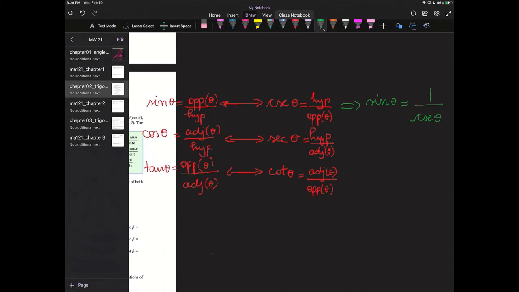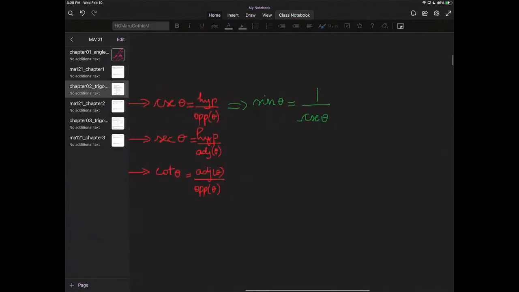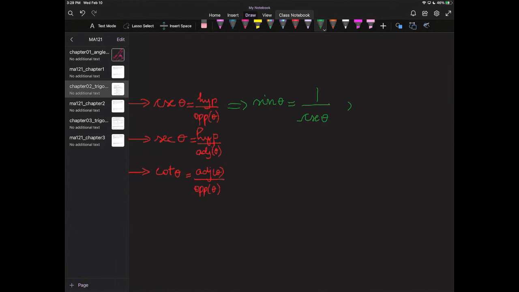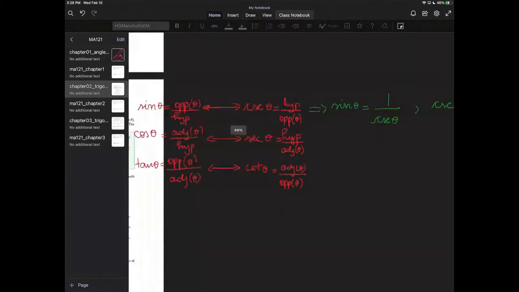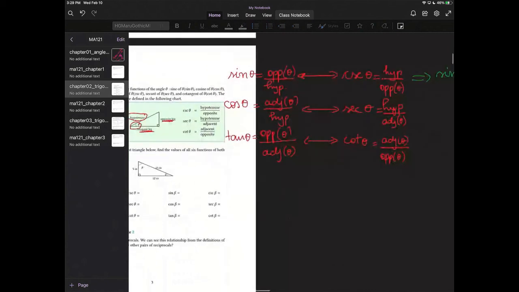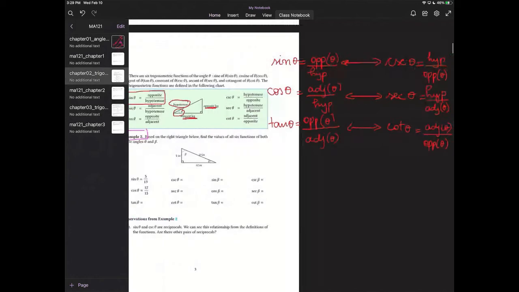Remember, 1 over means you're flipping, right? And vice versa. So you can also write that cosecant is the reciprocal of the sine function. Because again, you flip sine and you get the cosecant of the angle. Okay? And you can do that for all other pairs. Okay, so for now, we're only going to focus on the definitions in terms of the triangle.